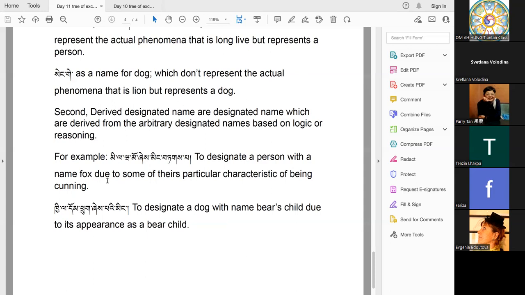It represents the person. So when we call someone a fox, we're defining the person. Definitely, when we say fox, it has a certain leverage which defines the person as the fox, right?